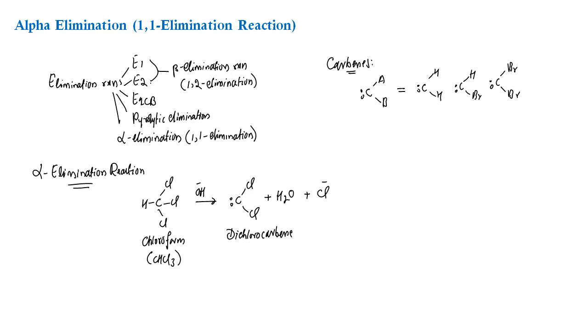In these carbenes we have only 6 electrons in the valence shell of the carbon atom. So for stability it requires 2 additional electrons. All these carbenes are electron deficient and act as electrophilic reagents.